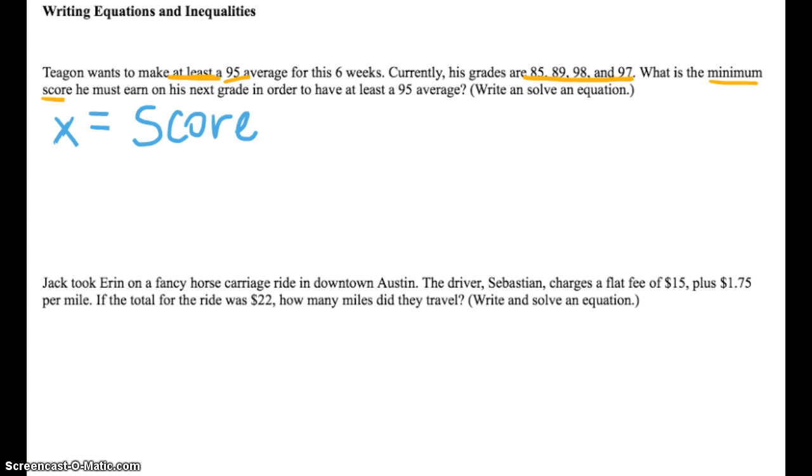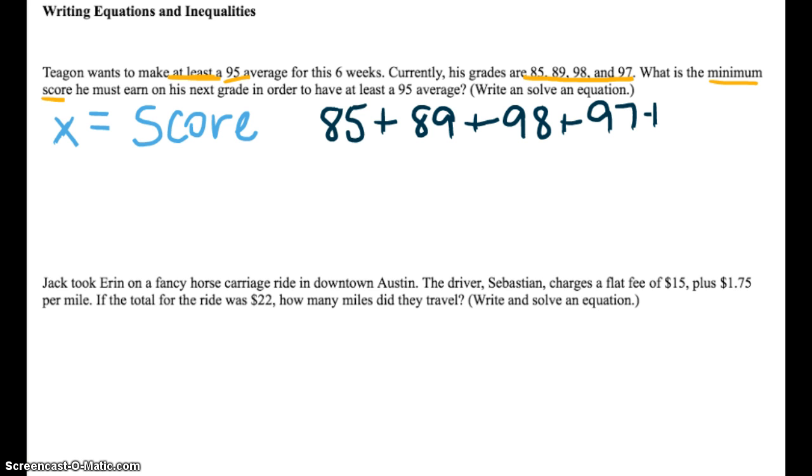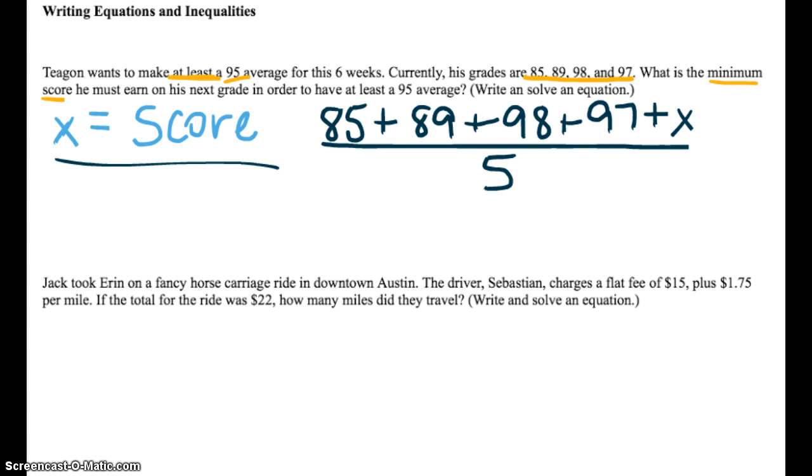So let's think about how we find averages. We add up all of our grades. So far he has 4 grades, but he also has the next grade that we're looking for. So right now he's got 85, 89, 98, 97, plus another grade, and we divide those by the number of grades.